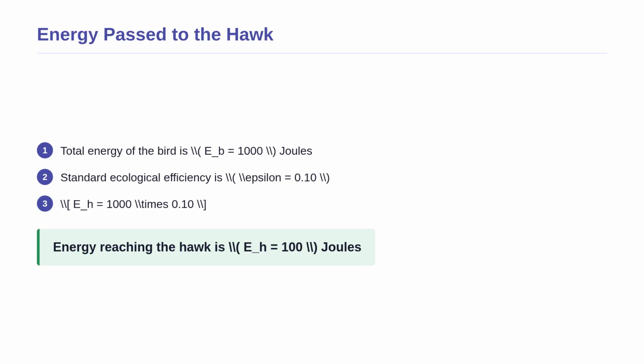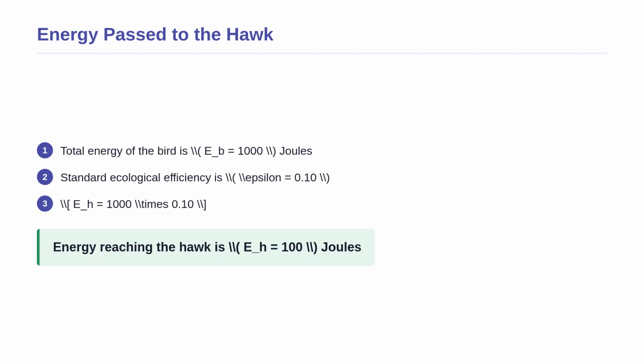Now that we know the bird has accumulated 1,000 joules of energy, let us determine how much energy it will pass on to a hawk that eats it. We return to our standard ecological efficiency multiplier. We take the bird's total accumulated energy of 1,000 joules and multiply it by the 0.10 efficiency.